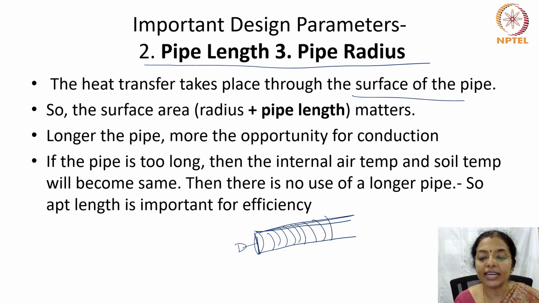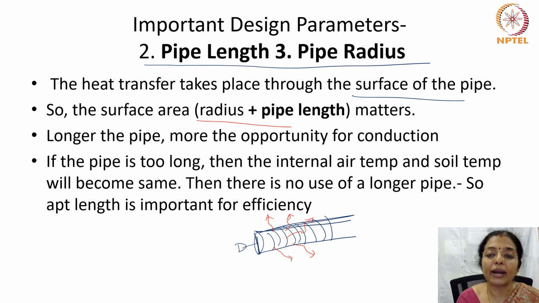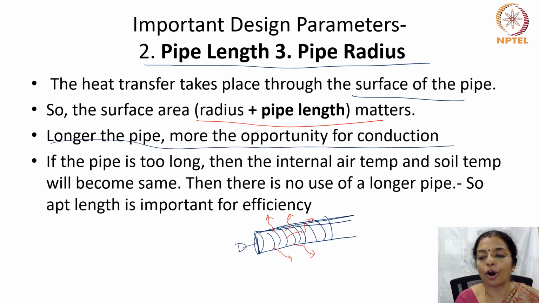And heat transfer takes place because of the contact of soil on this surface, and therefore the radius and pipe length matter a lot. The longer the pipe, the more the opportunity for conduction, because there is more contact of soil. But if the pipe is too long, then the internal air temperature and soil temperature will become the same. Then there is no use of a longer pipe.